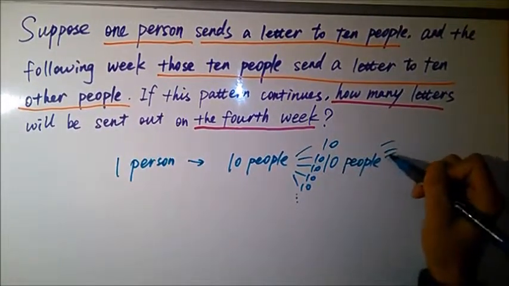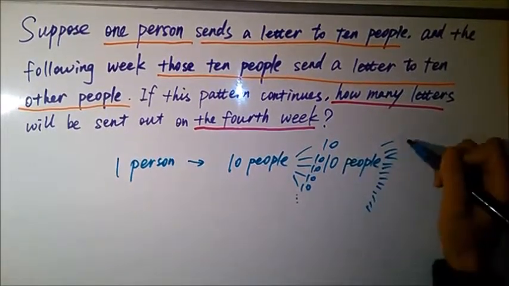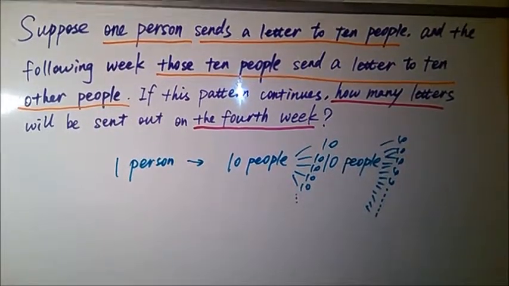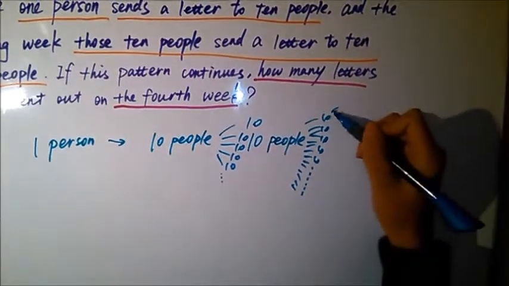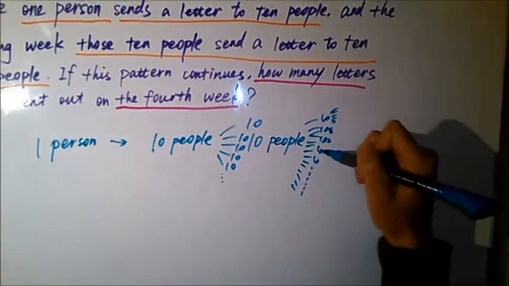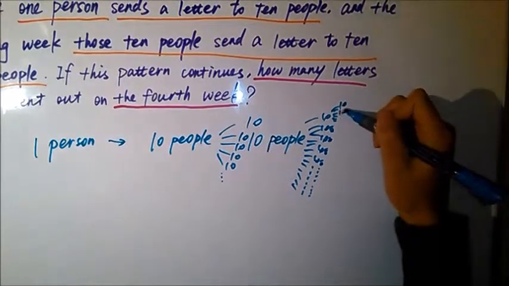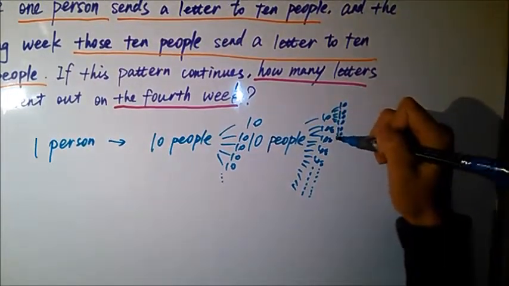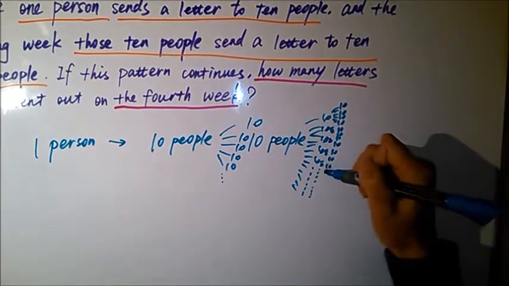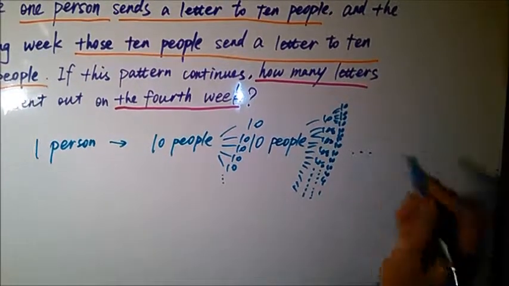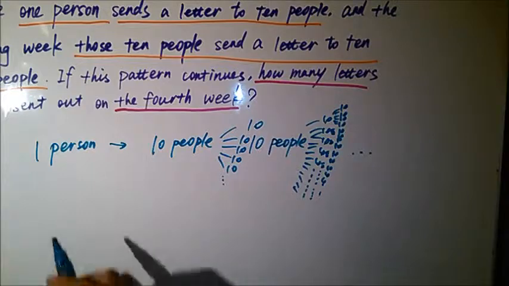Another time, and then again, each of those 10 do the same thing. And each of those 10 do it again. And it stops there on the 4th week. Well, it's the same as taking 10 people times 10 people times 10 people times 10 people.